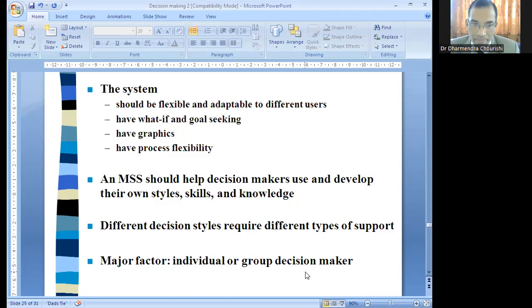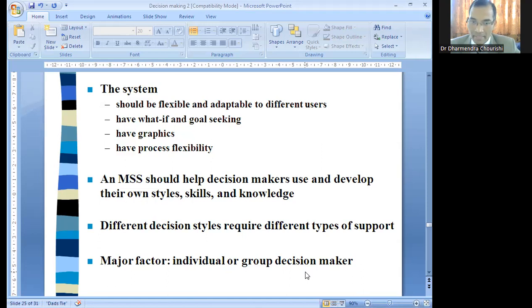The system is flexible and adaptable to different users. What-if and goal seeking have graphics, and have process flexibility as well. So in the system, we should consider these things to make our decision implementation effective.